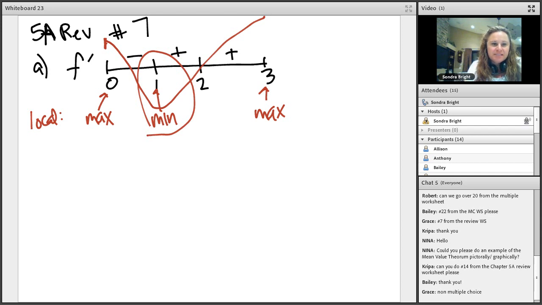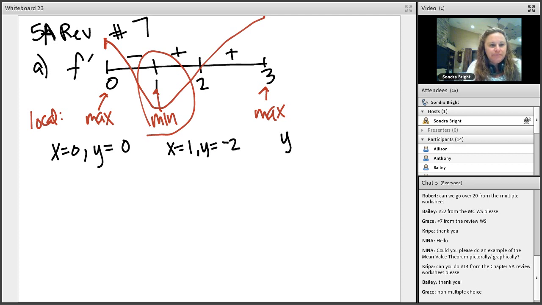But for maxes, what you've got to do is look at the other table that gives you x and f. It says when x equals 0, y is 0. When x is 1, y is negative 2.